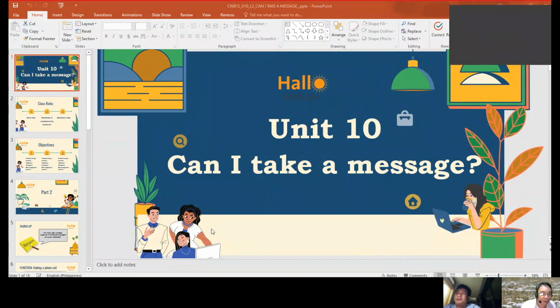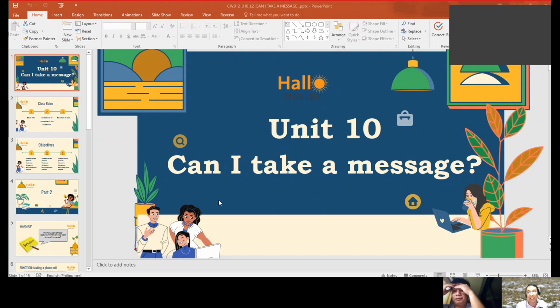Okay. So last time we were able to discuss how we are going to make a phone call, right? So there were things that we understood already. In making a call, we have to remember that there would be a receiver and a caller. For example, if I am the one calling, I am the caller and you are the receiver.